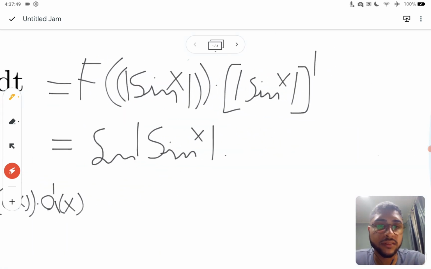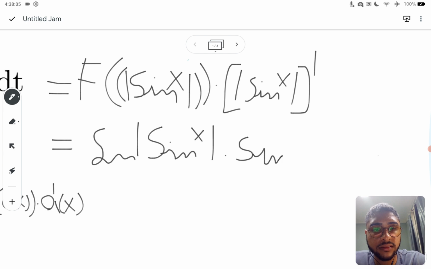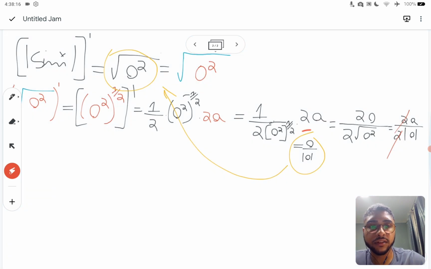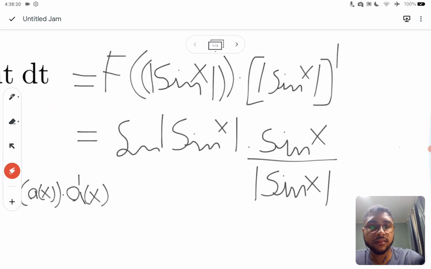We have the modulus of sine x taken into the derivative. We know that would be sine x over the modulus of sine x, and it looks like what we did before.